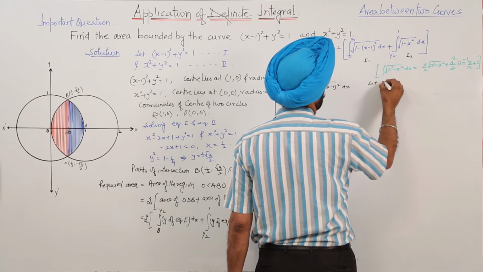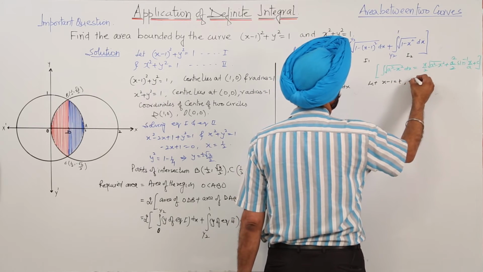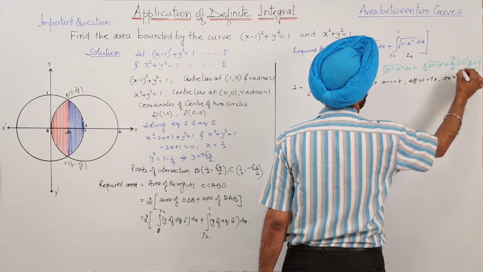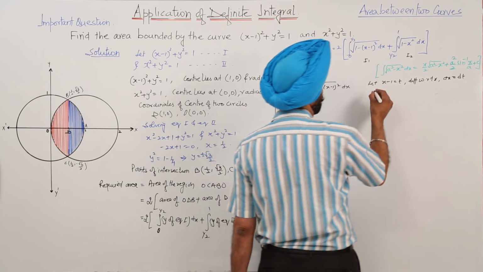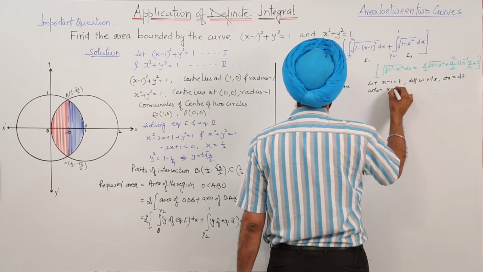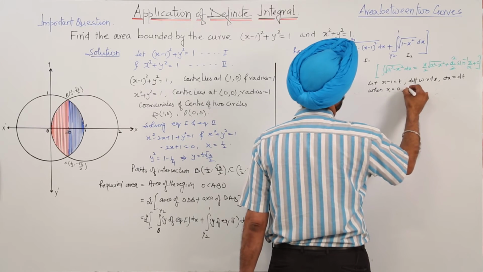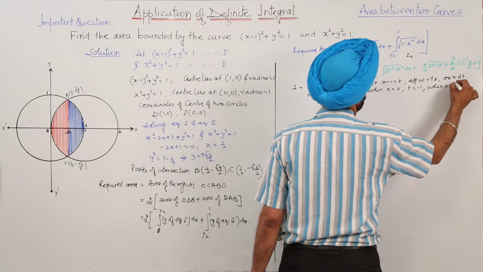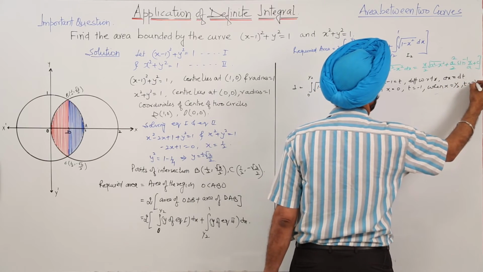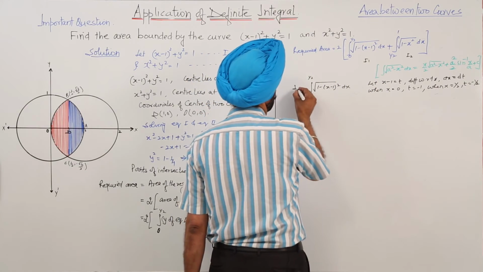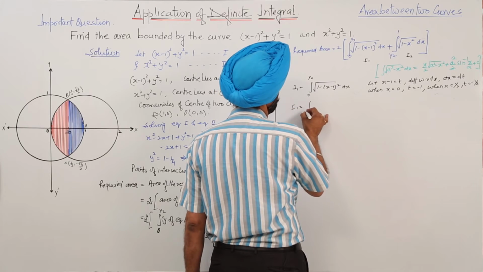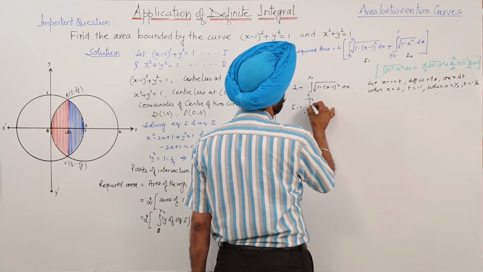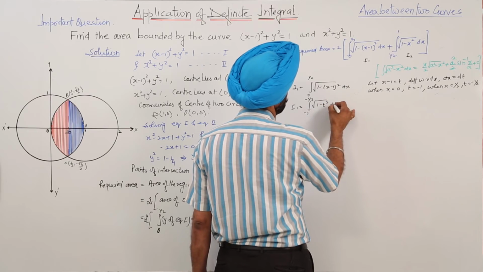Let x − 1 = t, so dx = dt, and changing the limits: when x = 0, t = −1, and when x = 1/2, t = −1/2. So I1 is the integral from −1 to −1/2 of √(1 − t²) dt.